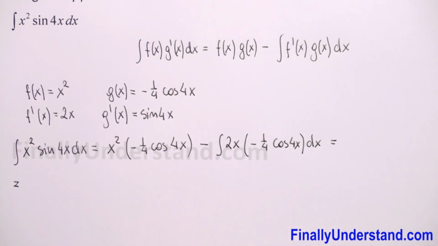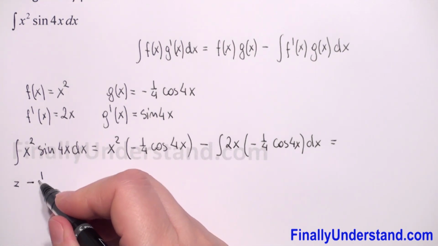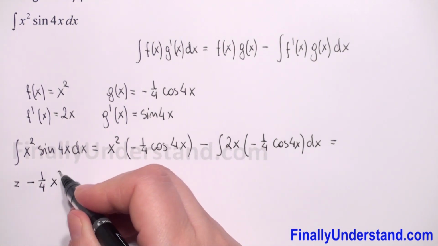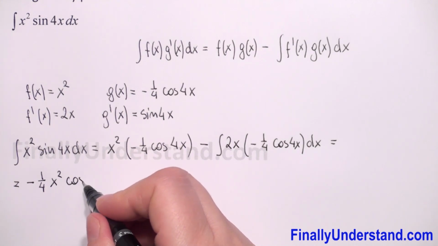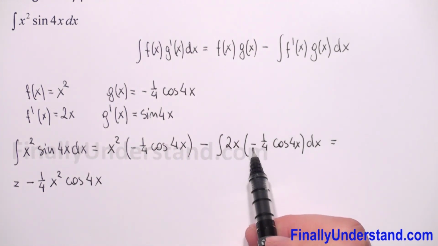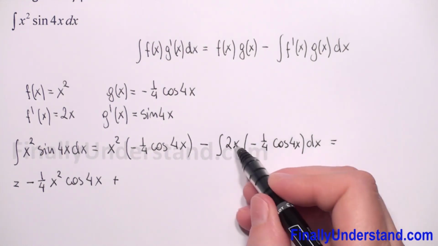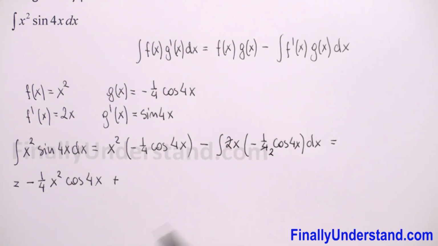This is equal. Let's do simplification first. Positive times negative will be negative, and we will put first the constant 1 over 4 x squared cosine of 4x. Next, we have negative and negative give us positive, and we can reduce 2 and 4 will be 2.